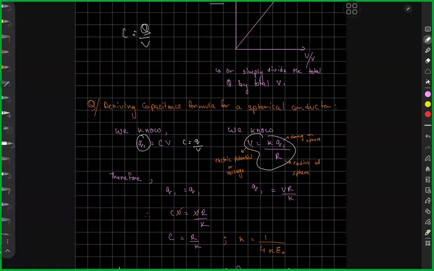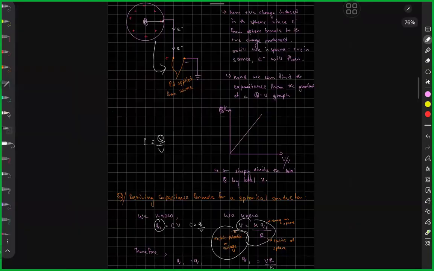What is the V value? K is the constant, so 1 by 4 pi epsilon naught. That is the value of K. So what is this electric potential over here? You learned about spherical conductors.